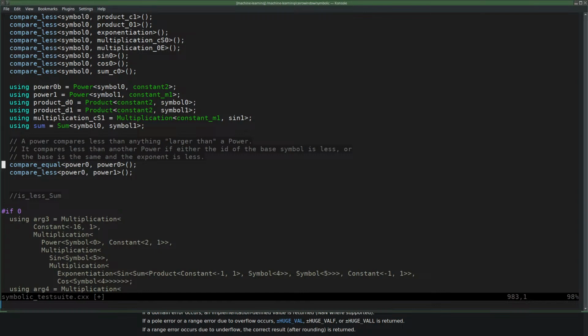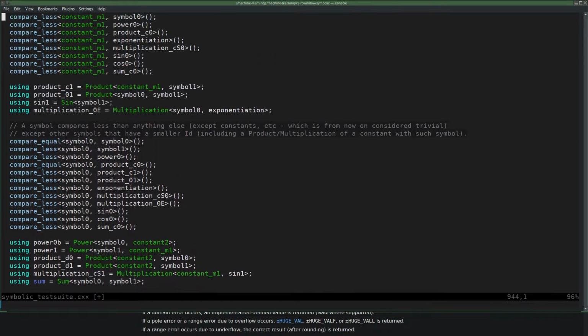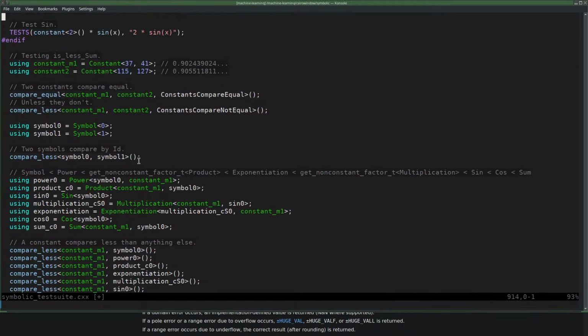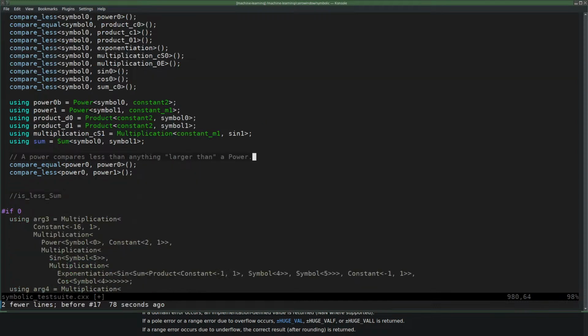But it should probably try to use a larger exponent in this case. I'm not sure what exponent is here. Power 0 uses a lesser exponent. That's a smaller exponent of the two. Let's explicitly use the larger exponent. Yeah.